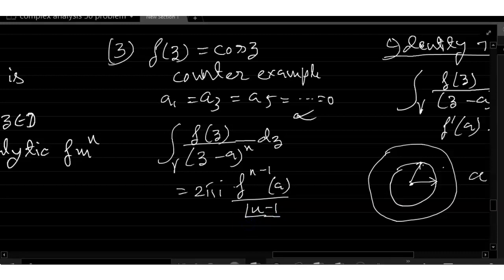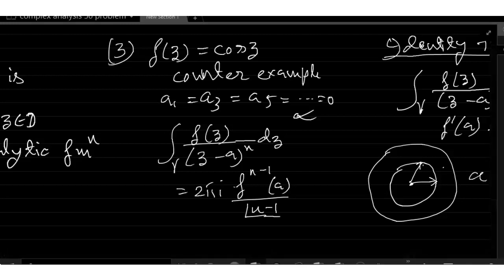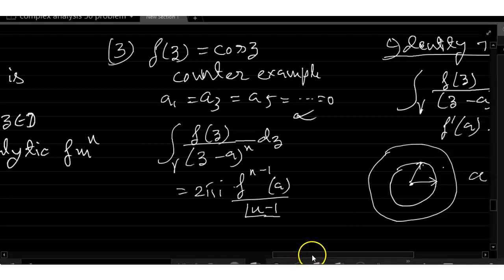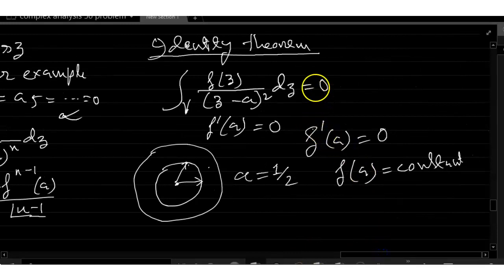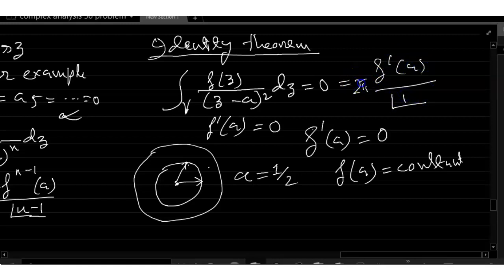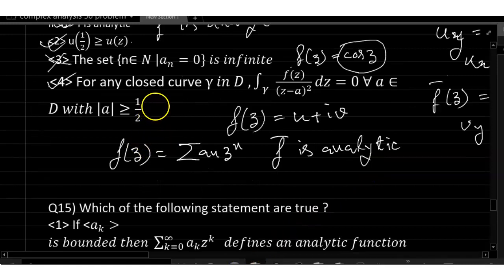I think this type of formula we are studying in complex analysis. Here for n equals 2, this value is f dash a divided by 1 factorial into 2 pi i. So this portion is 0, so f dash a is equal to 0, so f(a) is equal to a constant. So this option is correct.